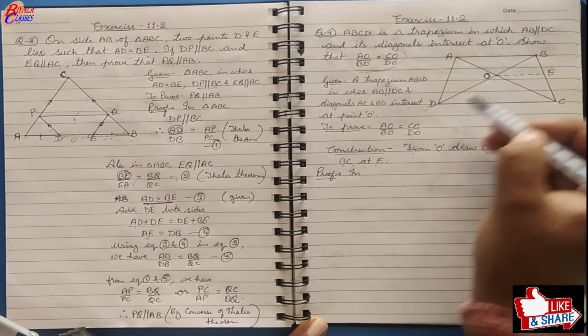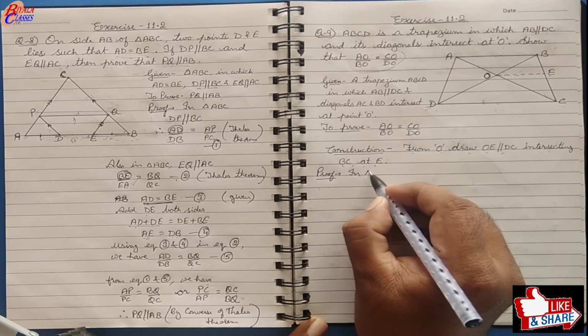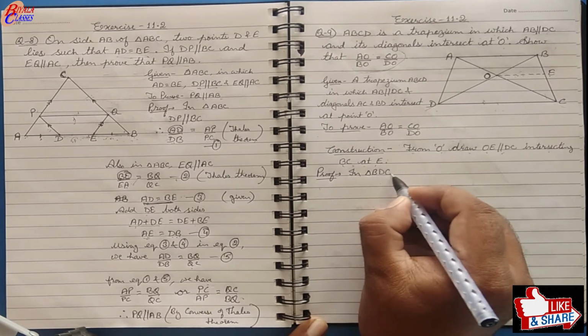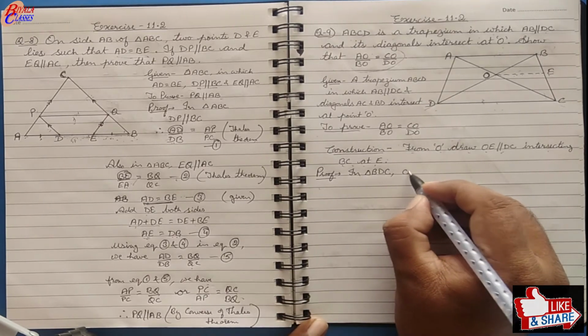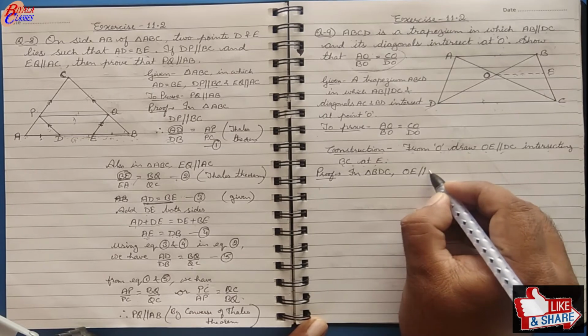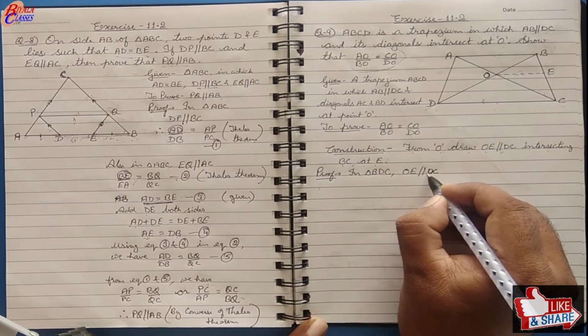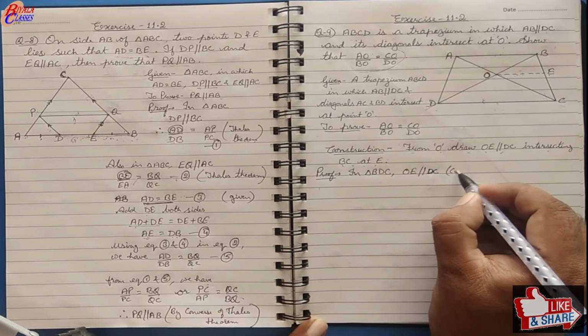Let's consider the triangle BDC. In triangle BDC, we have OE parallel to DC. This is by construction.